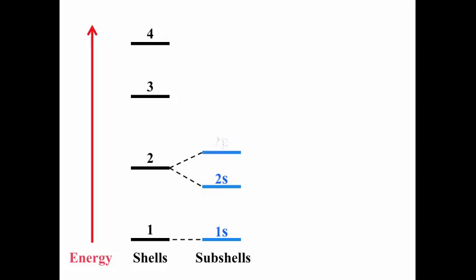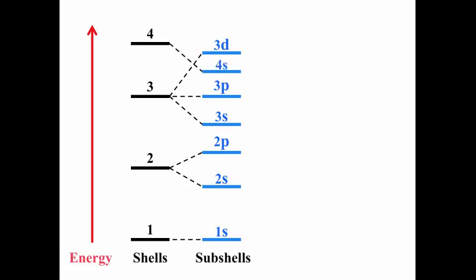But in the second energy level, you can have S and P subshells, and the S subshell is lower in energy than the P. The third energy level has S, P, and D subshells, with S lowest in energy, P higher than that, and D higher than that. And then the fourth energy level, we're going to run out of room, has an S subshell, a P subshell, a D subshell, and also an F subshell, which are going to go off of our graph here.